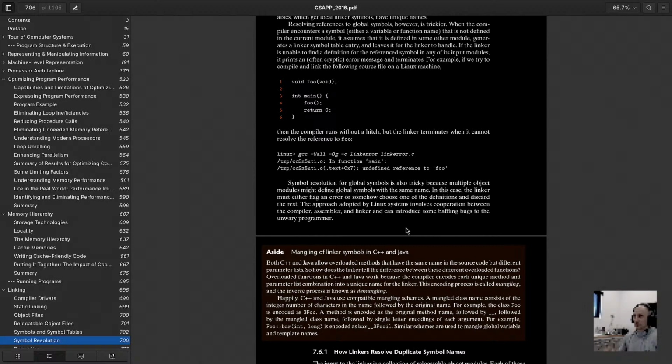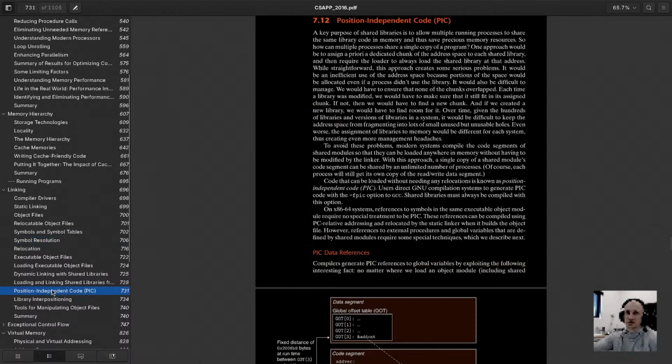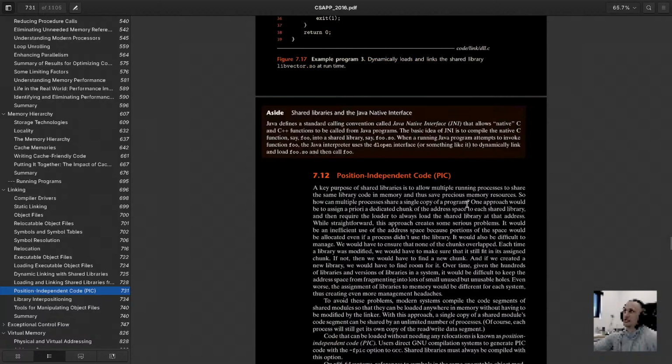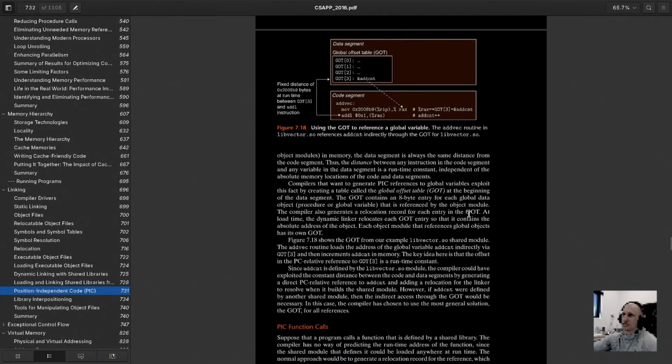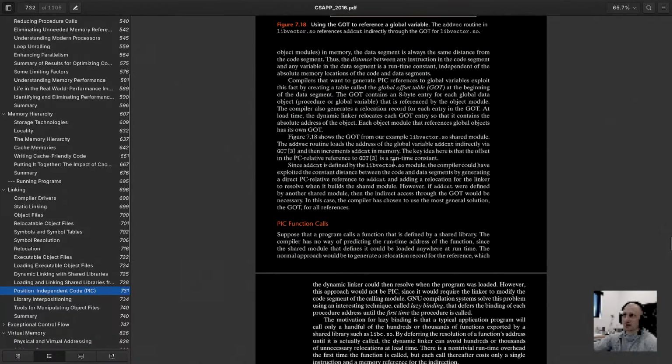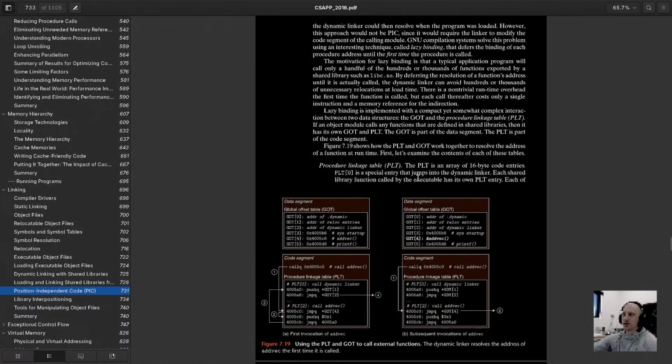I learned when I read this chapter on linking, I learned a lot about position independent code. Like I knew about position independent code in theory, a little bit. Like I would say maybe 10% of what I needed to know. And then actually reading this section of the chapter, I fully understand the global offset table, the procedure link table.